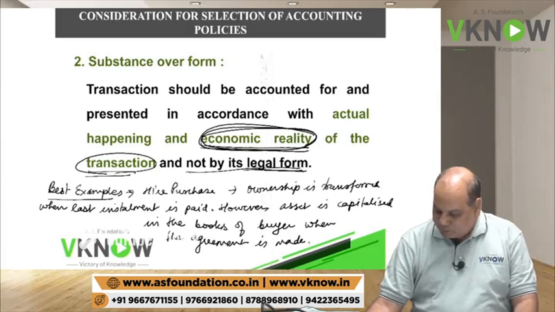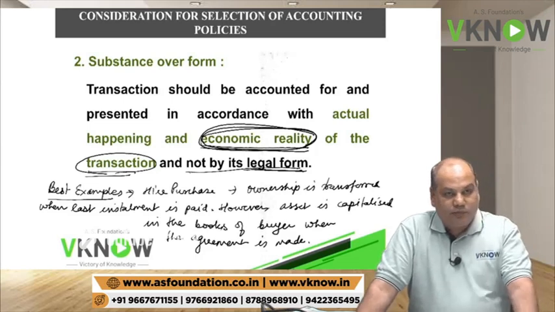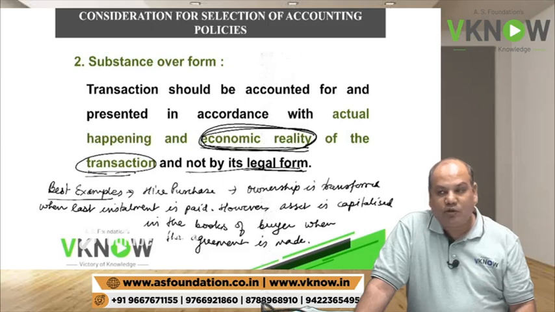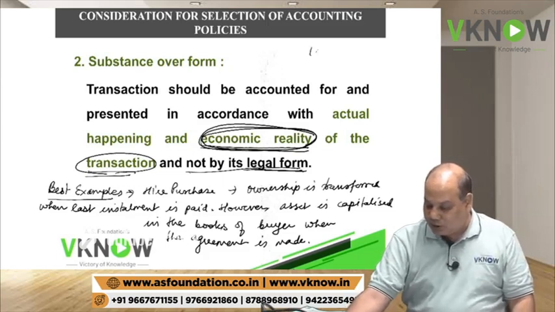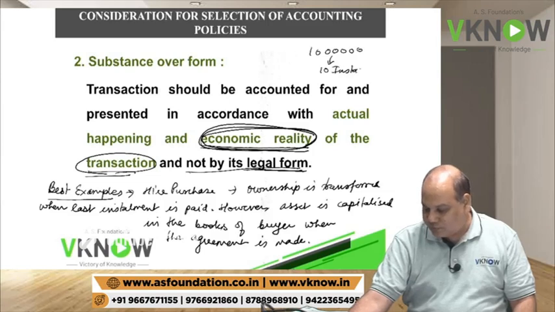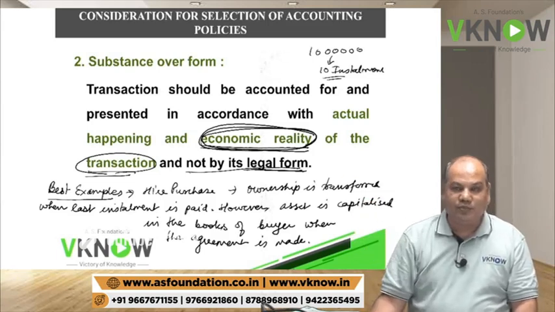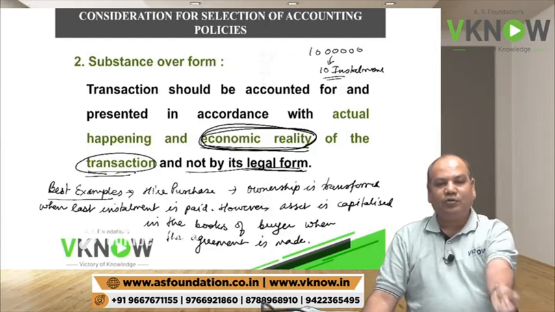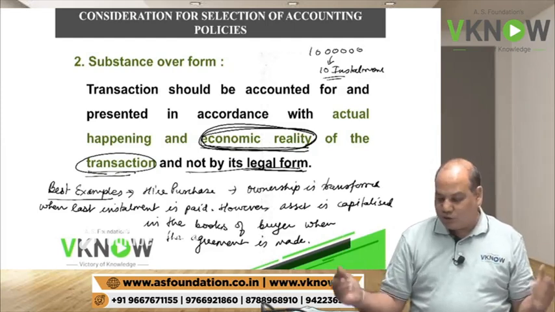Okay. Now see, this is one very good example. You go to the dealer, you want to buy a car, you say I don't have the payment. Dealer says you pay 10 lakh rupees in 10 installments. Once you pay the last installment, we will transfer the ownership in your name. Today you only pay down payment 1 lakh. You paid 1 lakh, you took the possession of the car and you started using it like an owner.